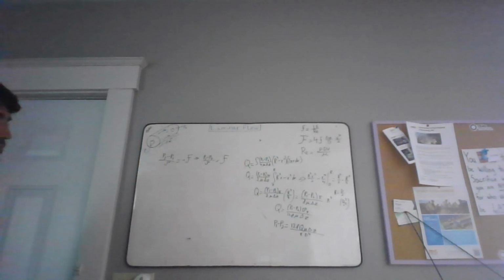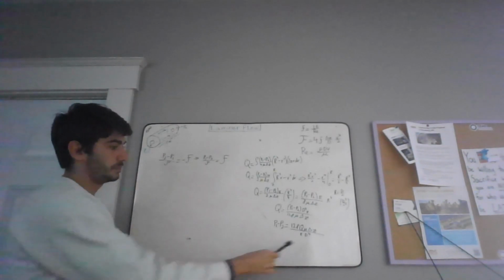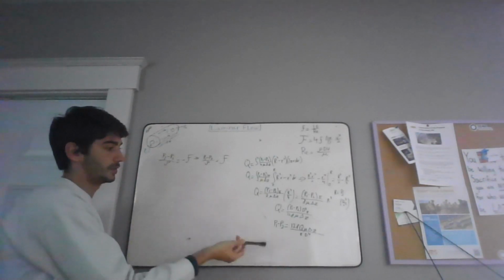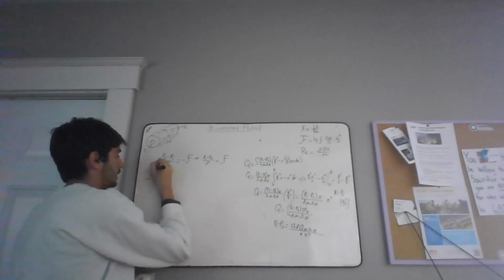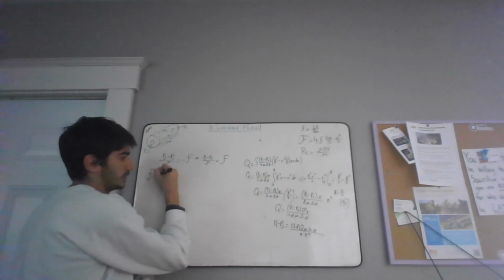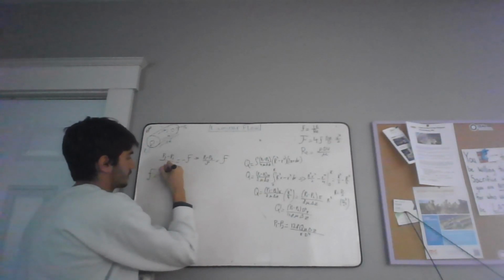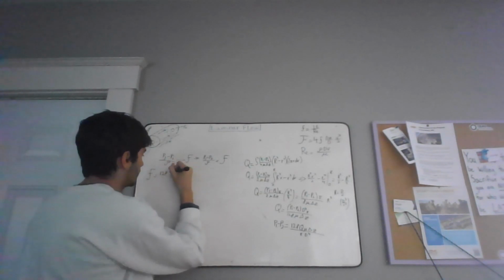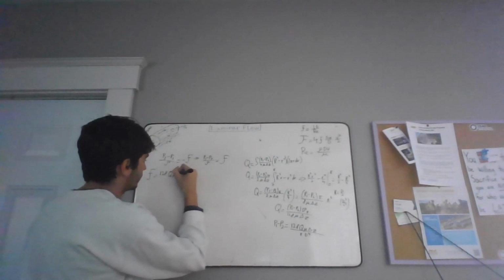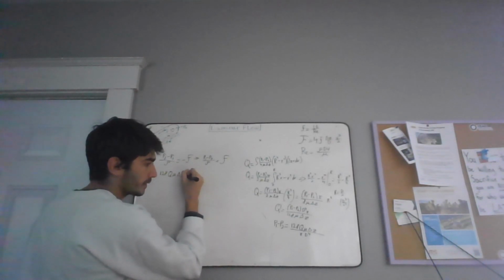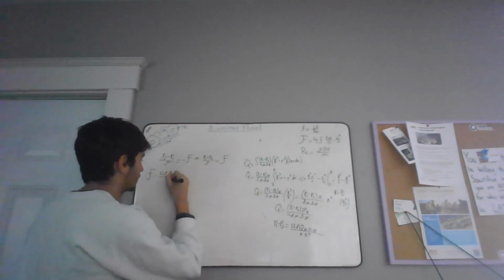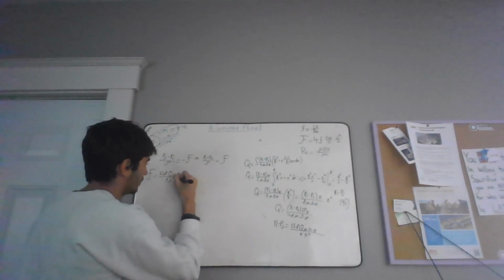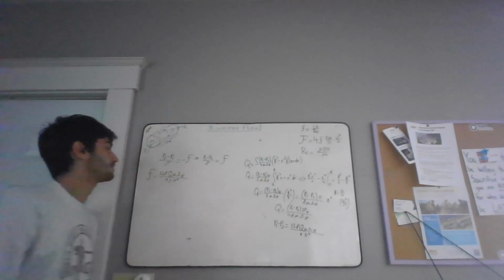Alright, so I'm going to plug this expression into here for P1 minus P2, so that we get the friction coefficient is equal to 128 Q mu dz over pi rho d to the fourth.